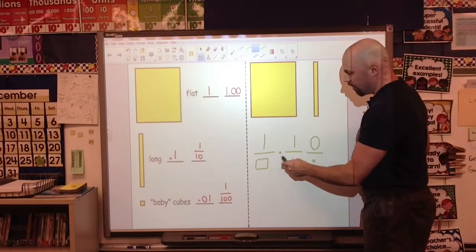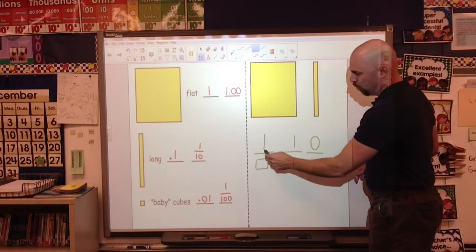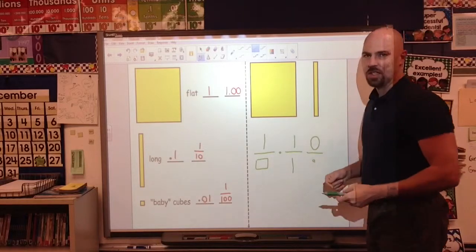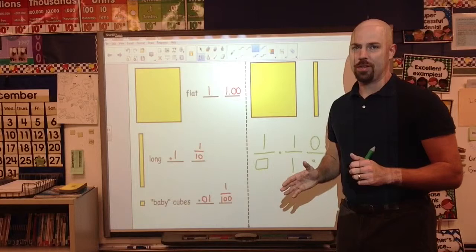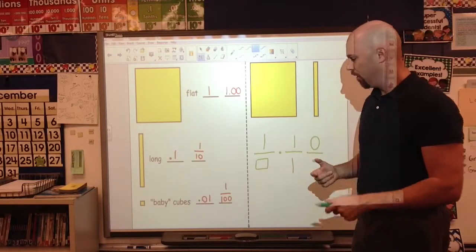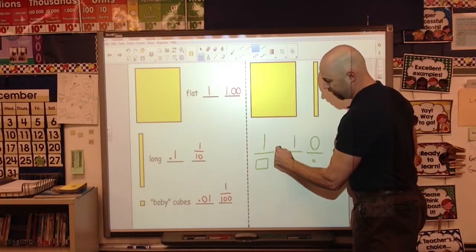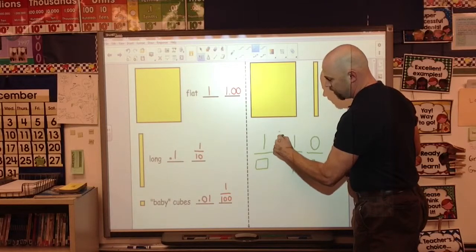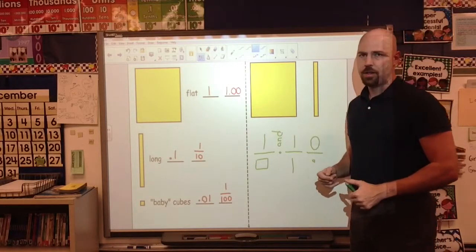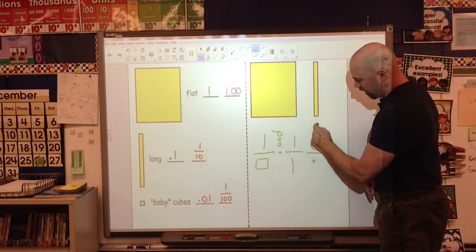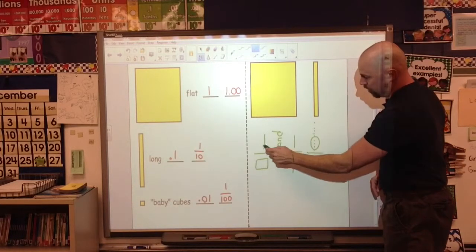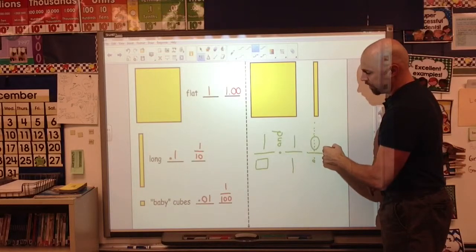So we learn how to speak this by saying 1, and we get to the decimal, and the kids like to say point, and I say, no, that is illegal in the classroom. We are not allowed to say point. We're learning to speak decimal. Whenever we pronounce the number out in front, when we get to the decimal, we say and. So this would be 1 and 10, and once again we're ending in the hundredths column: 1 and 10 hundredths.